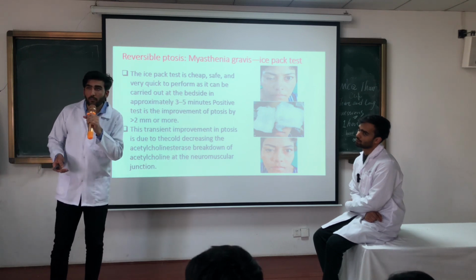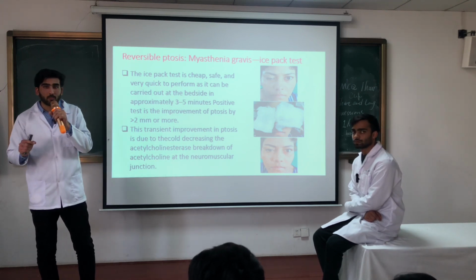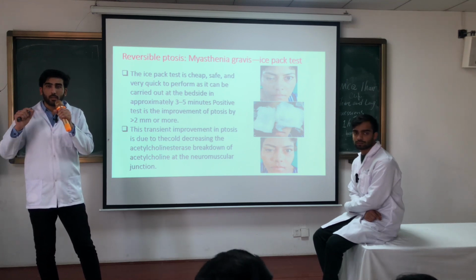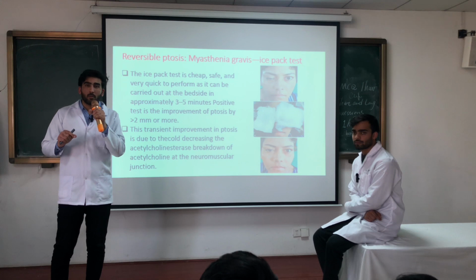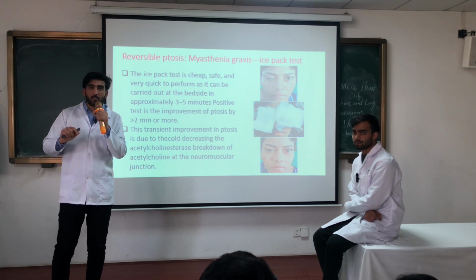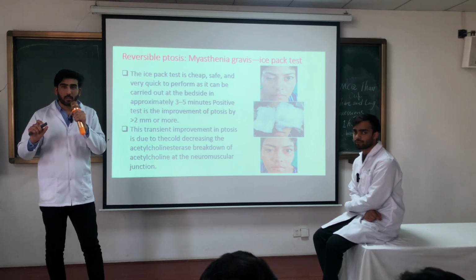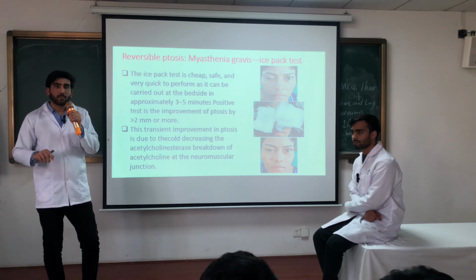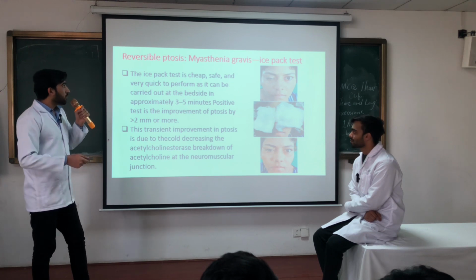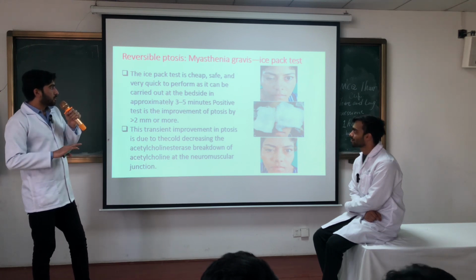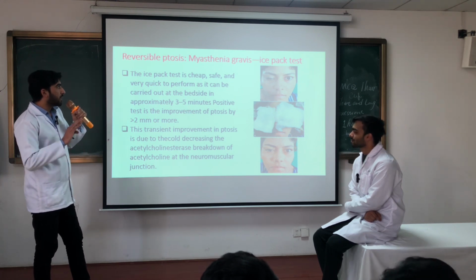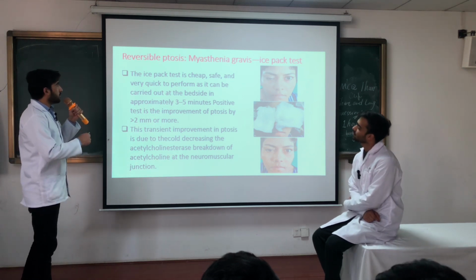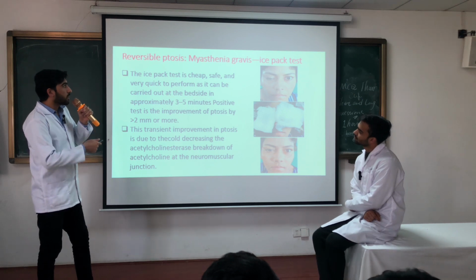What is myasthenia gravis? Myasthenia gravis is an autoimmune disease in which autoantibodies are formed against the acetylcholine receptors. On the postsynaptic neuron there are acetylcholine receptors, and those antibodies destroy those receptors, so there is no proper stimulation and less acetylcholine. For this reversible ptosis we use the ice pack test.